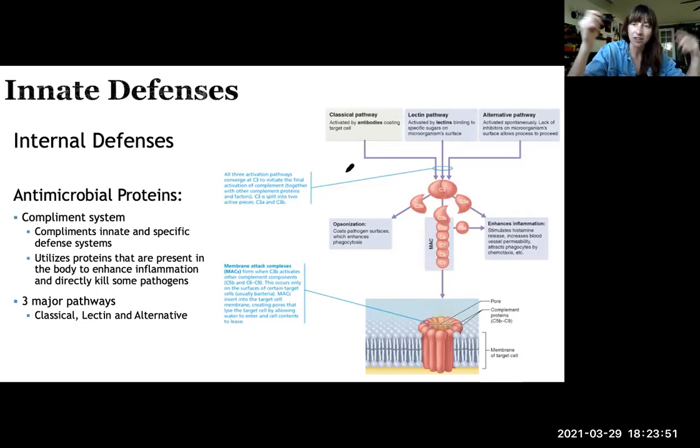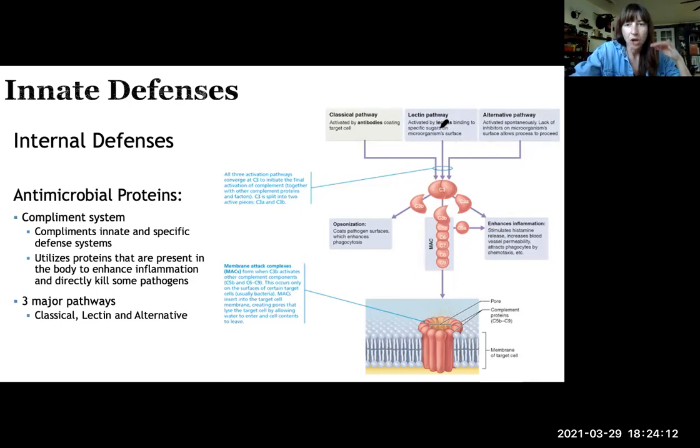Antibodies are like markers or tags. You've been marked for death. Therefore, these complement proteins, when they find you, are going to make a hole in you and cause you to lyse. The 2 other pathways, I'm not super worried about you knowing.